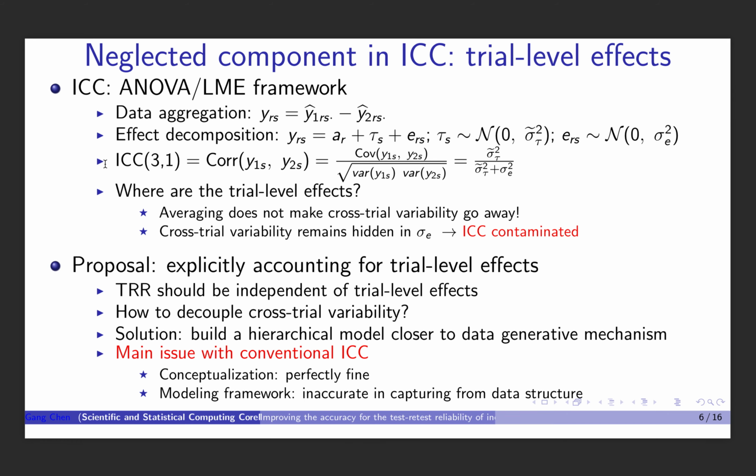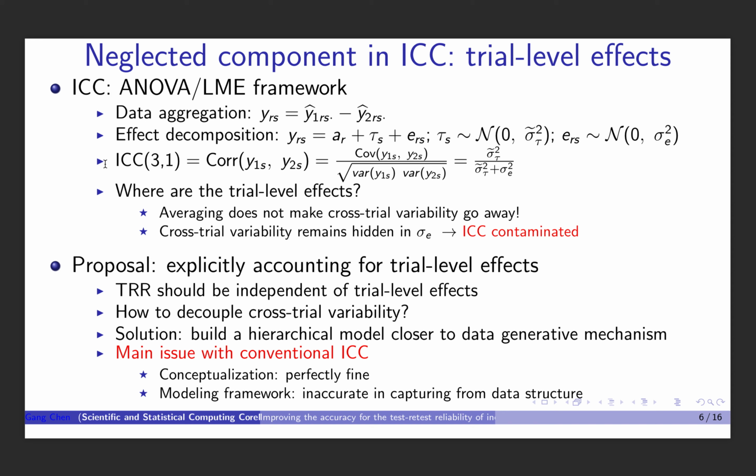So we propose a way to resolve the issue. The idea is to explicitly model the trial level effects without any pre-processing step. The idea is that test-retest reliability should be independent of trial level effects.